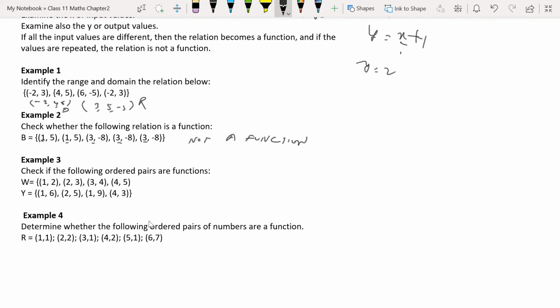Example 3: check if the following ordered pairs are functions. 1, 2, 3, 4: all inputs are different, so this is a function. Here 1 is repeated, so it is not a function.